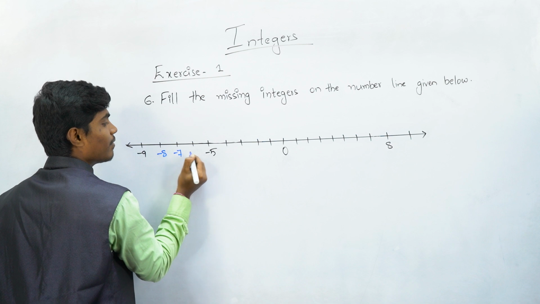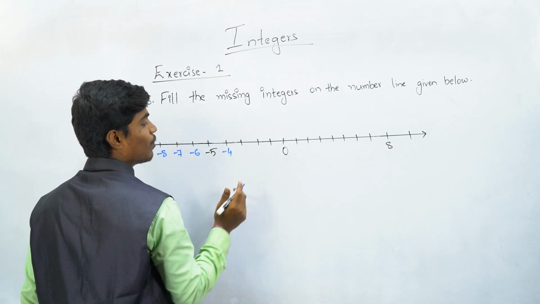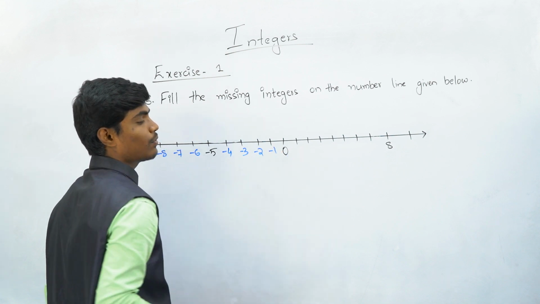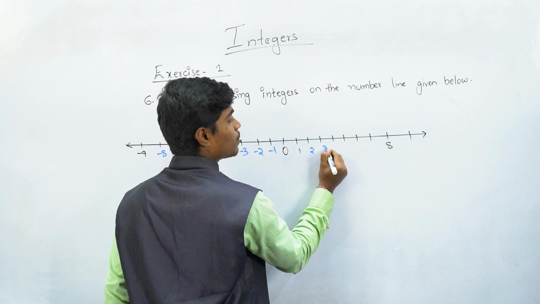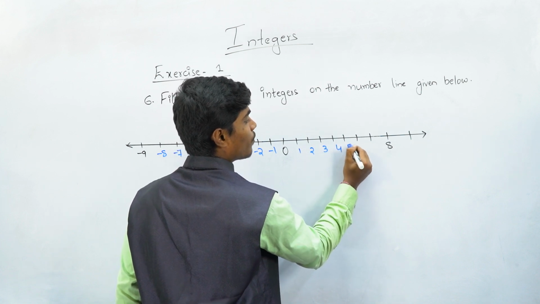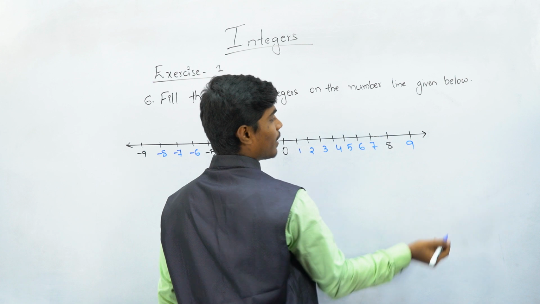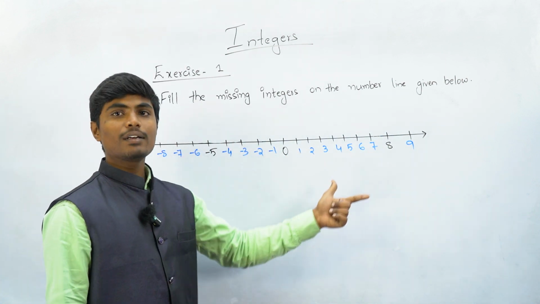Next, minus 7, minus 6, minus 5, minus 4, minus 3, minus 2, minus 1, 0, 1, 2, 3, 4, 5, 6, 7, 8 and 9. These are the missing integers on the number line.